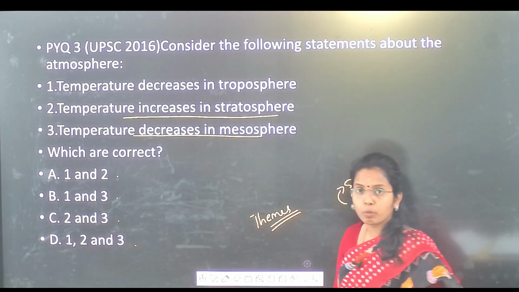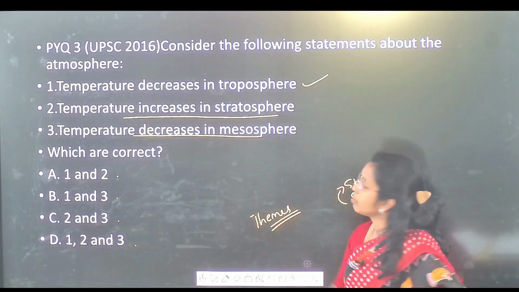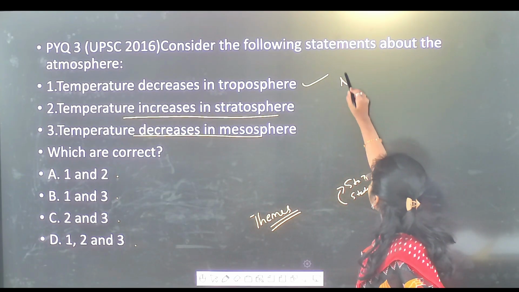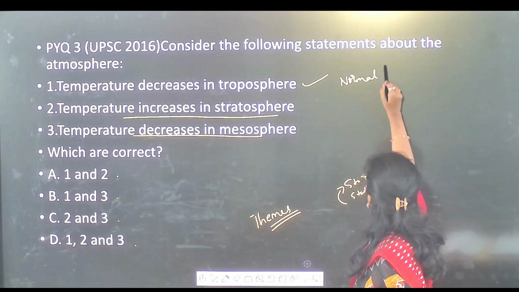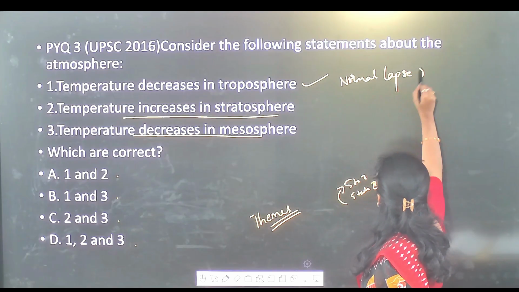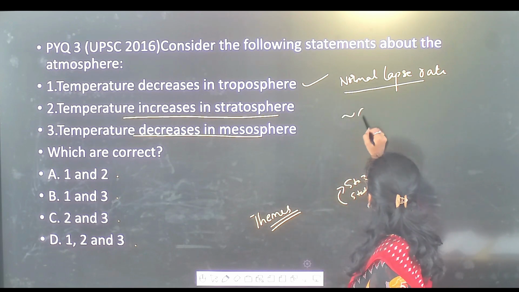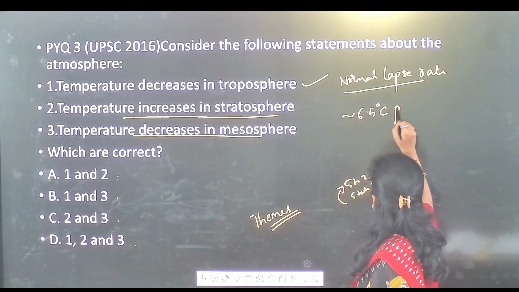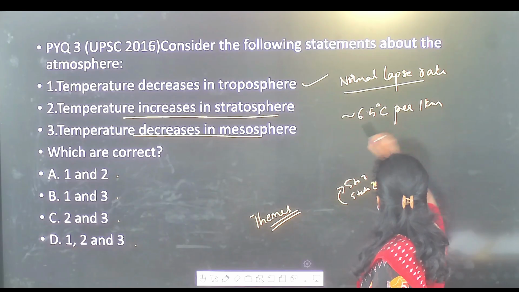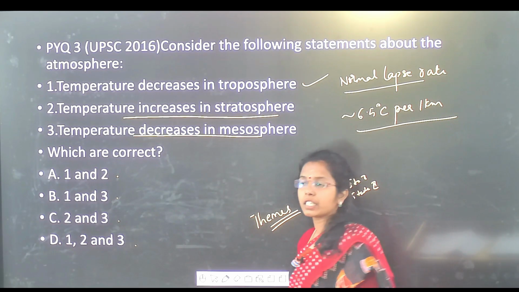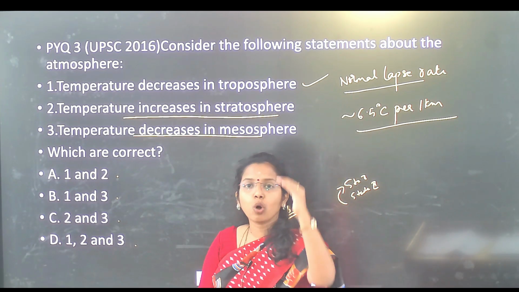Temperature decreases in troposphere, yes, true. Normal lapse rate. What do we observe in troposphere? Normal lapse rate around 6.5 degrees per 1 kilometer. Around 6.5 degrees temperature decreases as you go up.